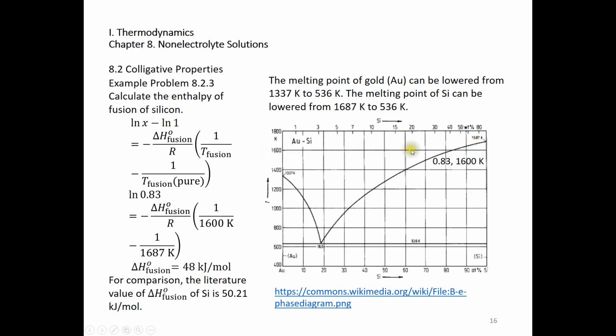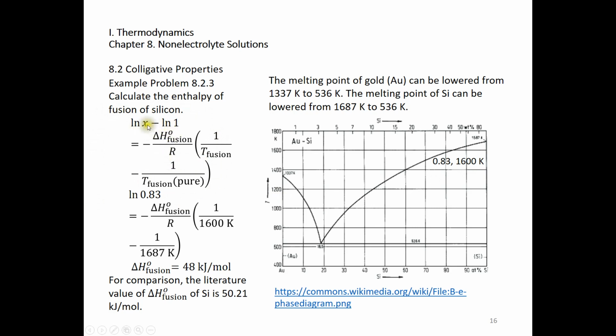Let's look at this line, 1600 Kelvin. It crosses here. The mole fraction is about 0.83, I think. So this is 0.8, this is 0.9. So we have a second data point. So when I have two data points, I can use this equation to compute the enthalpy of fusion for silicon.